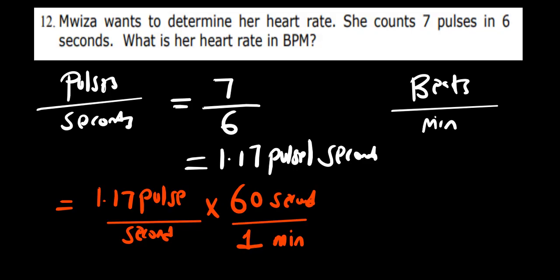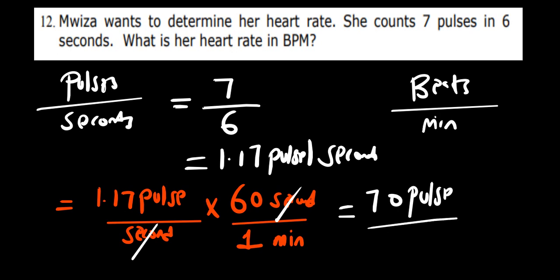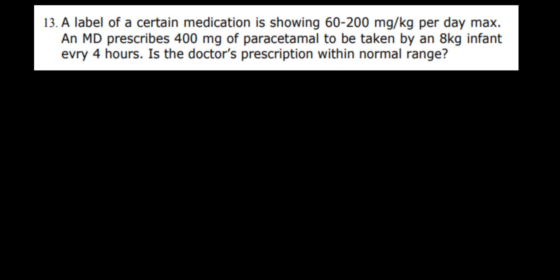So the seconds cancel. Therefore our final answer is 1.17 multiplied by 60, and I'm getting 70 pulses per minute. This is just the same as 70 beats per minute. So that's how you're going to solve this one.